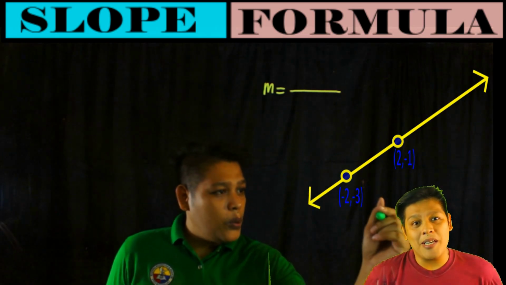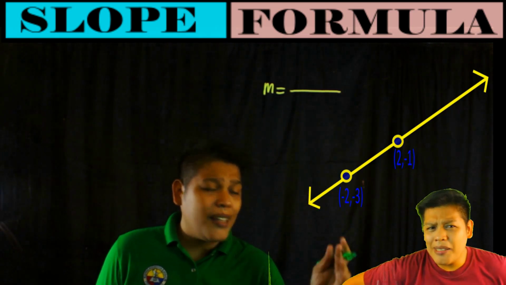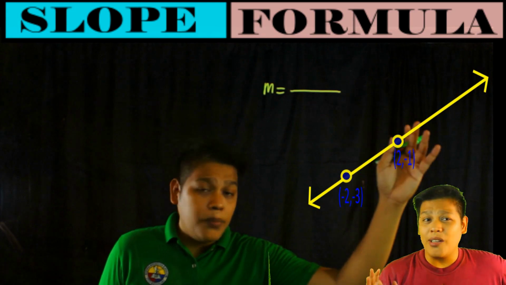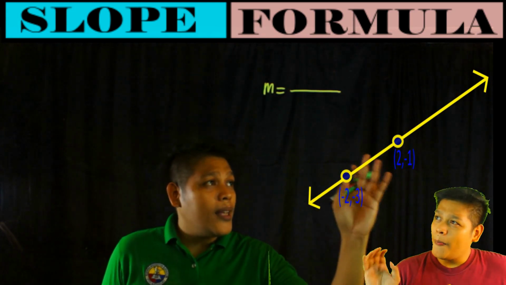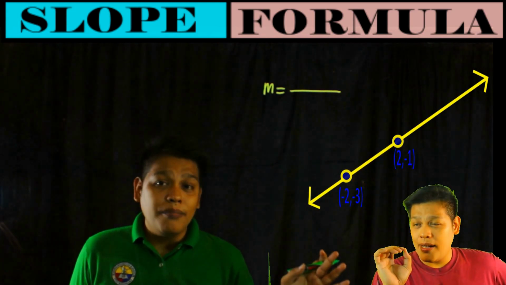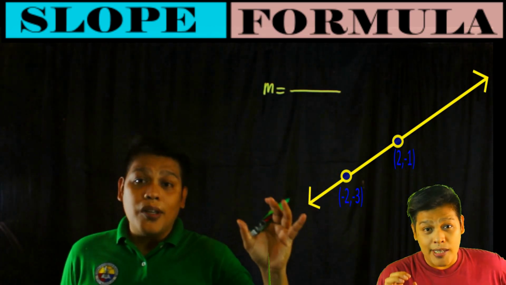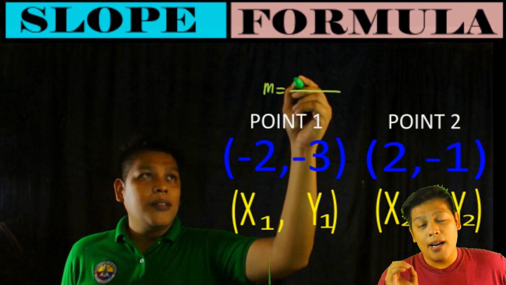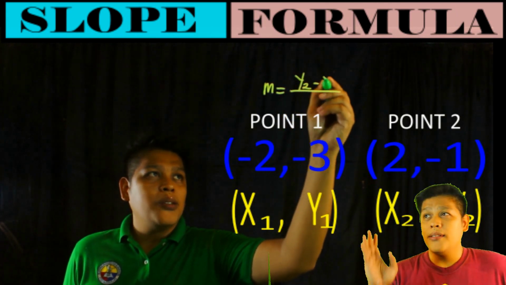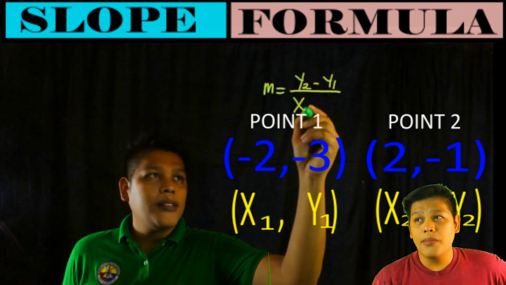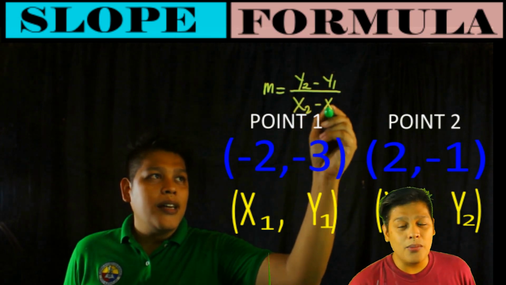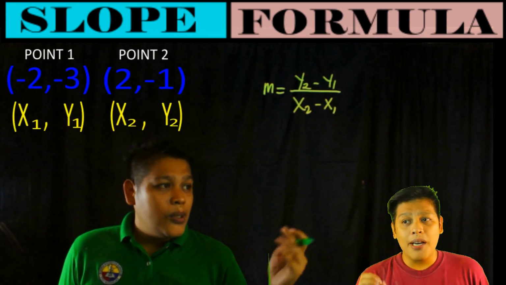So, punta tayo sa computation. Sa computation ng positive slope, sa example na ito, kinompute ko yung slope ng line using the formula. Ang ating formula for slope is m equals y sub 2 minus y sub 1 over x sub 2 minus x sub 1.